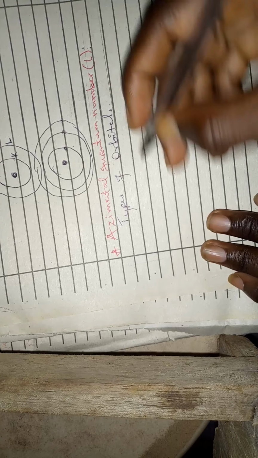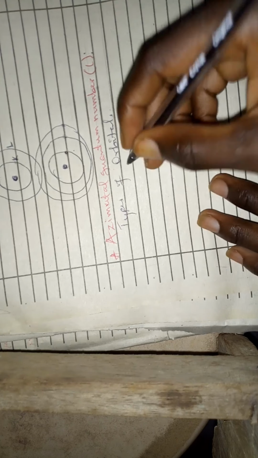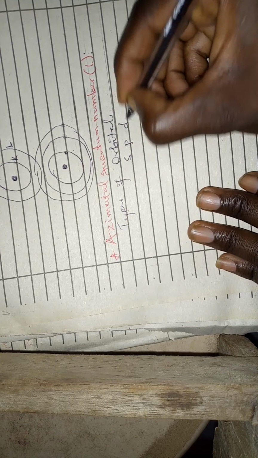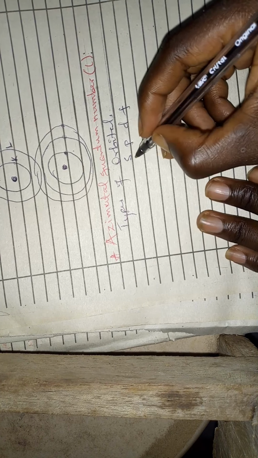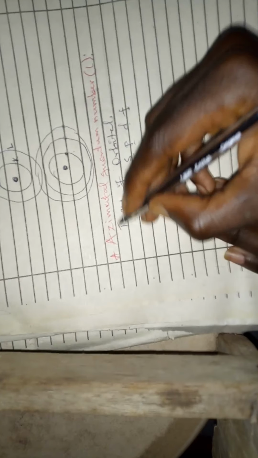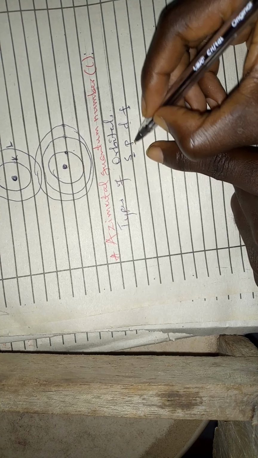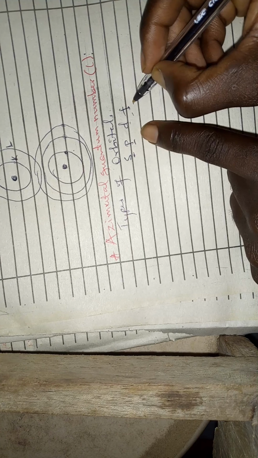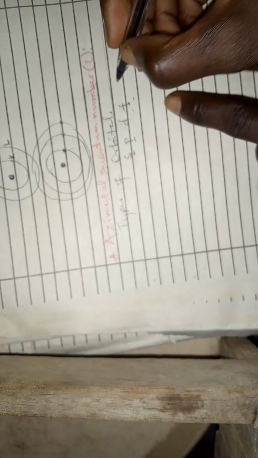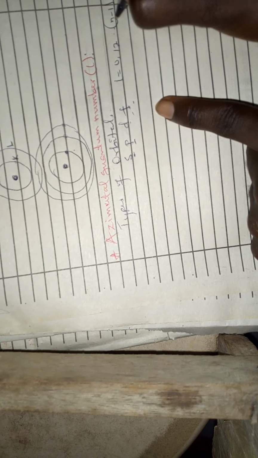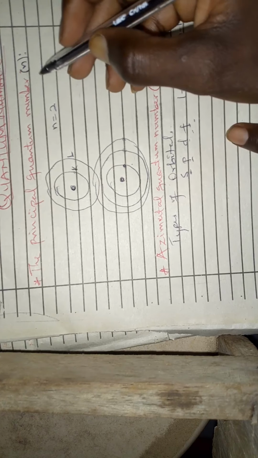Remember from the cloud model that we got some suborbitals, which are the s, p, d, f orbitals. So the azimuthal quantum number is telling us the number of suborbitals that we have. It ranges from l equals 0, 1, 2 up to n minus 1, where n is the principal quantum number.